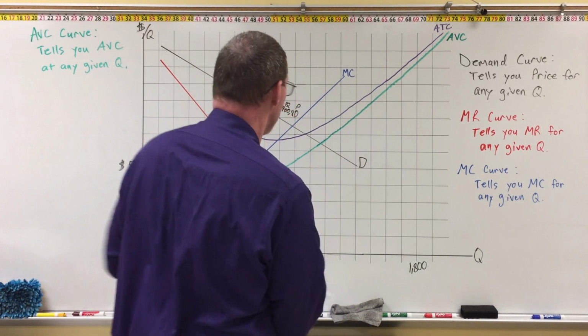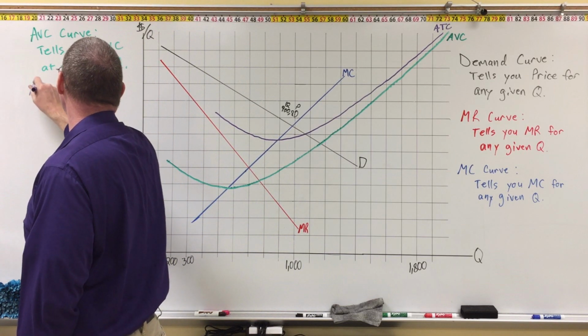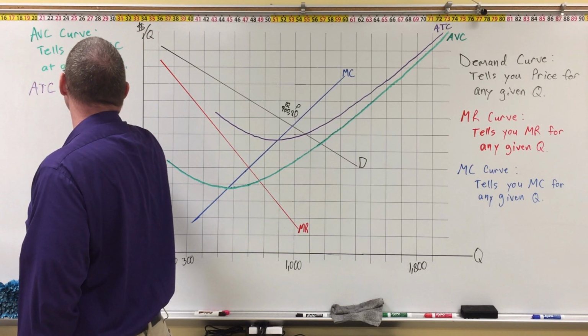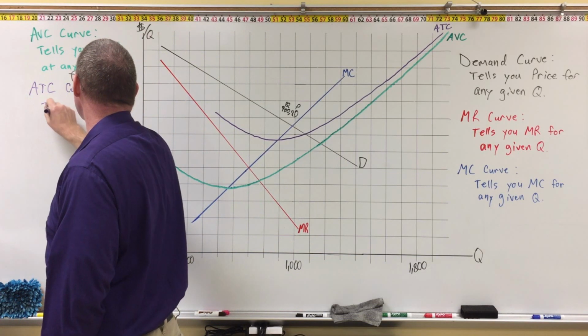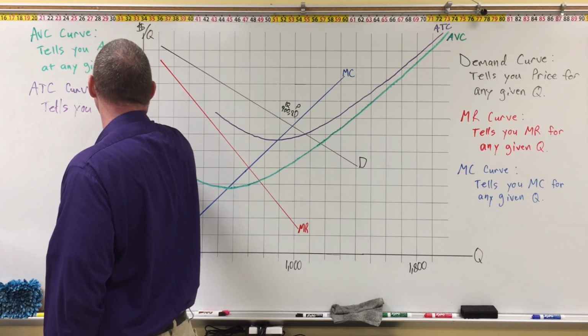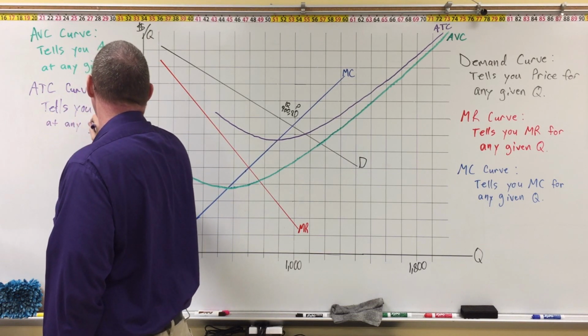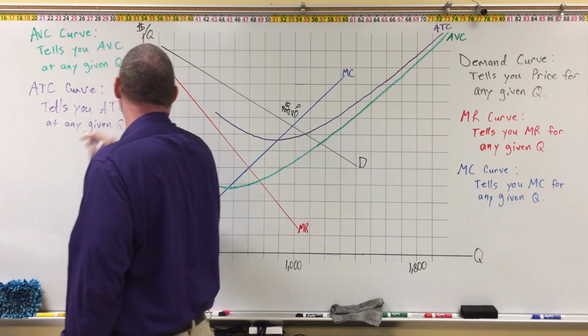And then, of course, the average total cost tells you the exact same thing, only for average total cost. Average total cost curve, what does that tell you? Well, that tells you the average total cost at any given quantity.